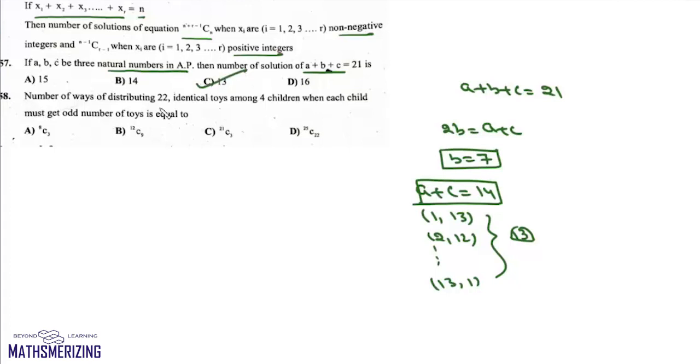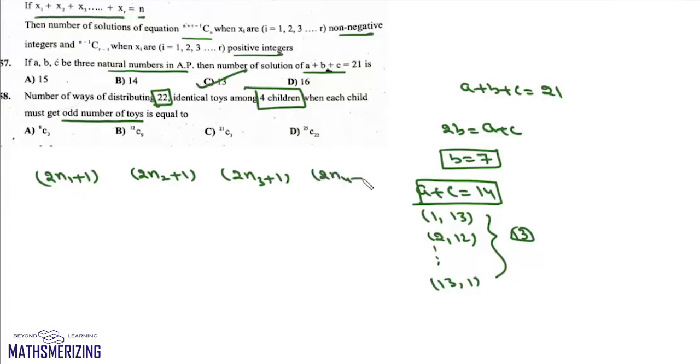Now the next one is the number of ways of distributing 22 identical toys among 4 children when each child must get an odd number of toys. Suppose the first child gets 2n1 plus 1 toys, the second child gets 2n2 plus 1 toys, the third child 2n3 plus 1, and the fourth child 2n4 plus 1, where each ni is a non-negative integer. Now the sum of all the toys will be 2(n1 plus n2 plus n3 plus n4) plus 4, and it is equal to 22.